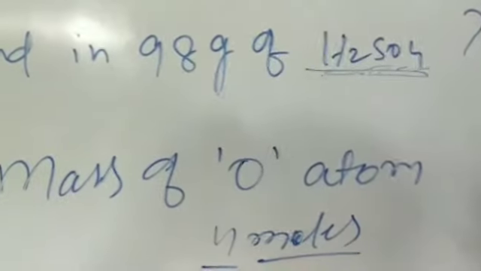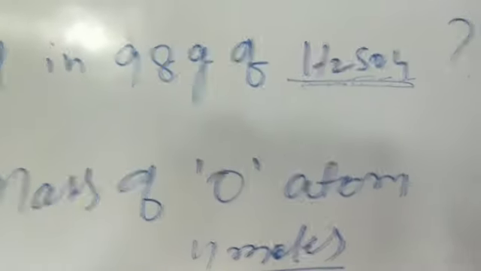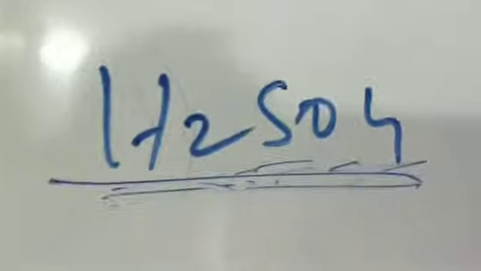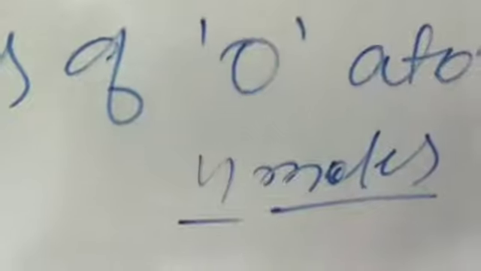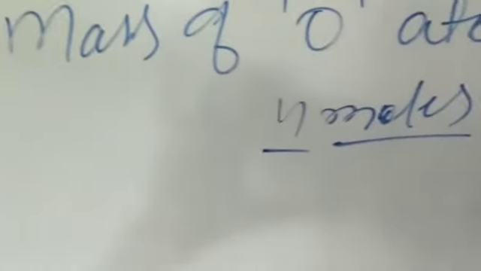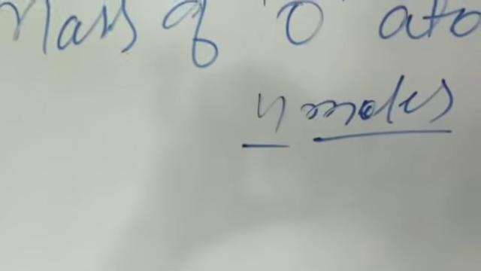I already found that in 98 gram H2SO4, 1 mole of sulfuric acid is present, and 1 molecule of sulfuric acid contains 4 oxygen atoms. So it contains 4 moles of oxygen. In this way, we can solve such questions. You must seriously try to understand how to solve this question. In this way, we can solve A to Z questions.